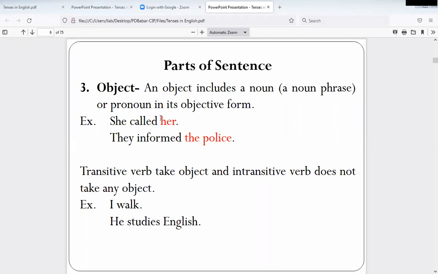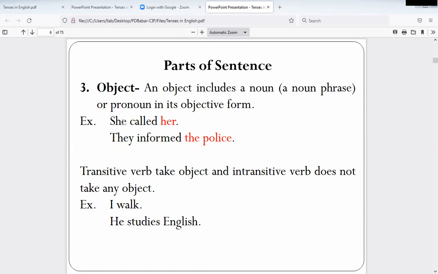If we observe this form, her is what? Object, and it is also called the objective form of the subject, and that subject is she. So if she is the subject, then its objective form is her.